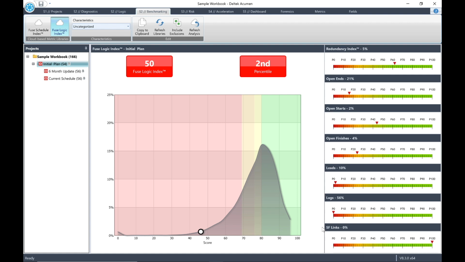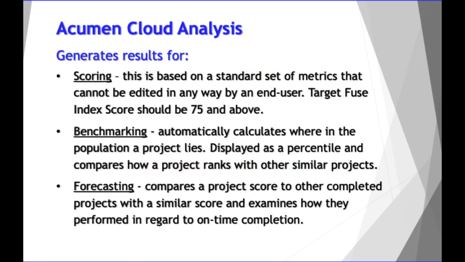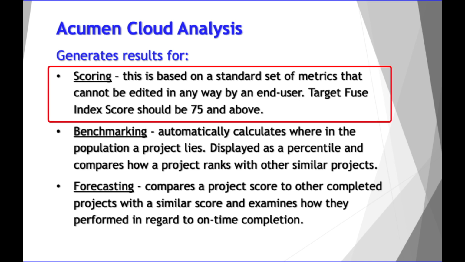Now, what does an Acumen Cloud analysis actually do? It generates a result for scoring, benchmarking, and forecasting. Firstly, scoring is based on a standard set of metrics that cannot be edited in any way by an end user. The target Fuse index score should be 75 and above.